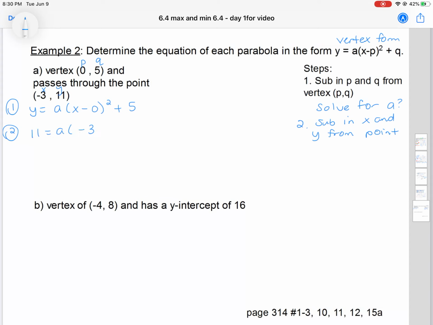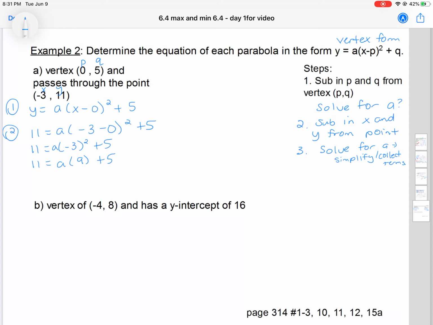So y is 11, x is -3, and then you're going to solve for A by simplifying, maybe you have to FOIL, simplify, collect like terms, whatever. So that was -3. Oops. -0 is just -3. -3 squared is 9.